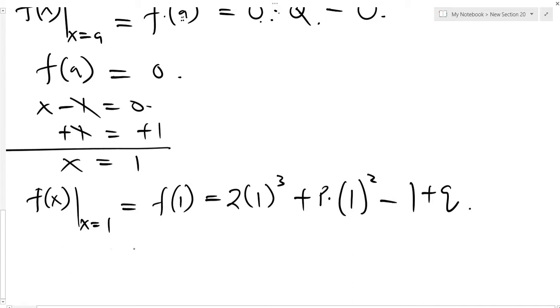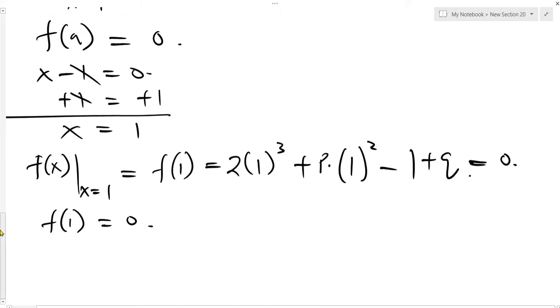So this is equal to 0 since f of 1 is equal to 0. Now 0 is equal to, this is 2 plus p minus 1 plus q equal to 0.